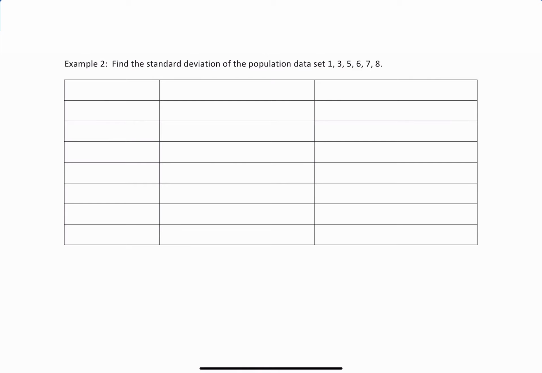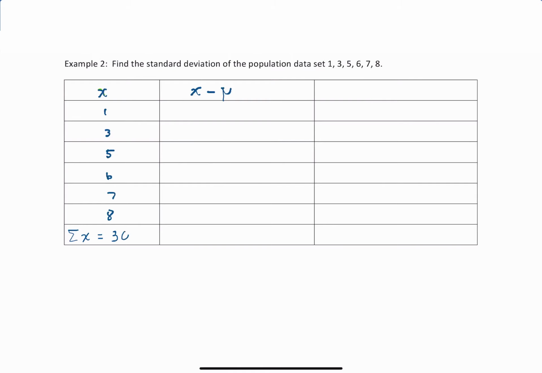So in my table, my first column is going to be my x values, which are 1, 3, 5, 6, 7, 8. Then I'm going to record what x minus mu is. Of course, to get that, I need to know what mu is. So in the last row of the first column, I'm going to record the sum of the x values.